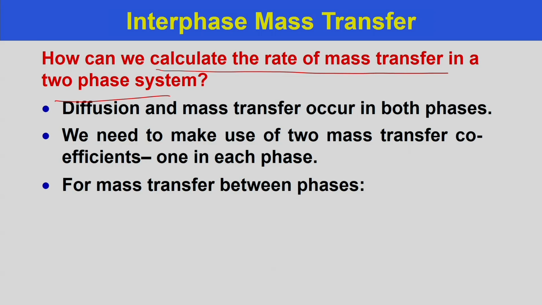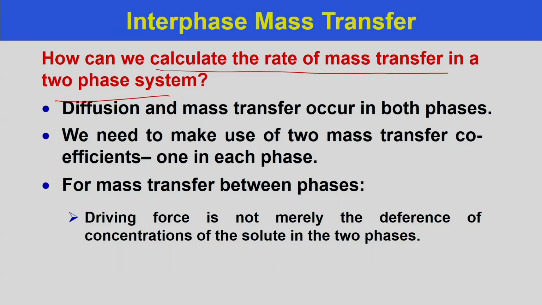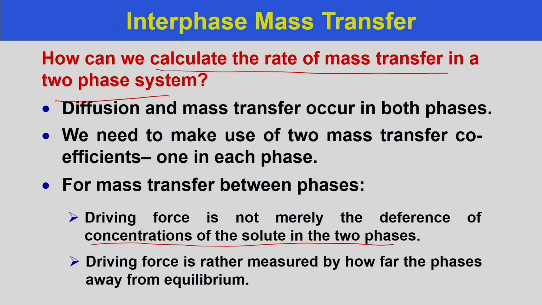For mass transfer between phases, the driving force is not merely the difference of concentration of the solute in the two phases. So, what is the driving force in these cases if it is not the concentration difference between the two phases? The driving force is rather measured by how far the phases are away from equilibrium.